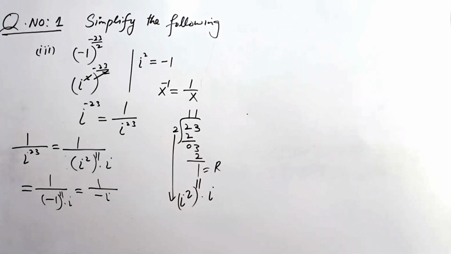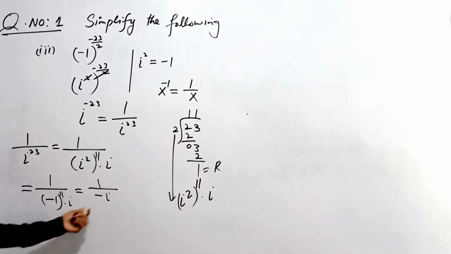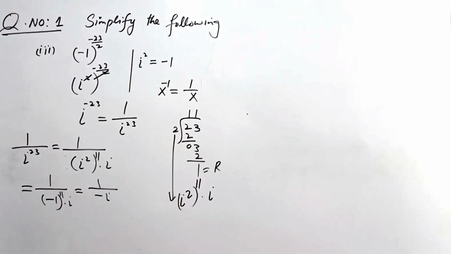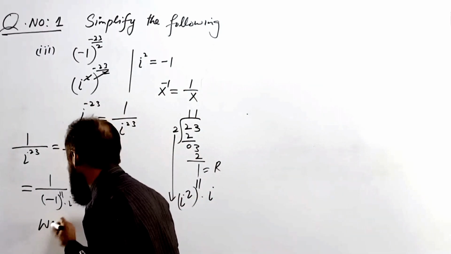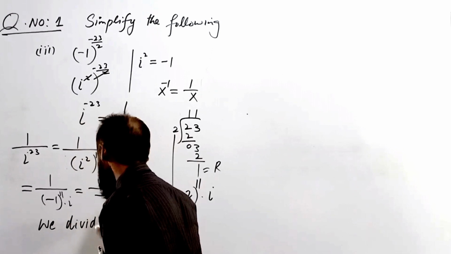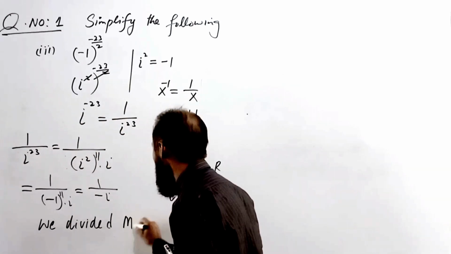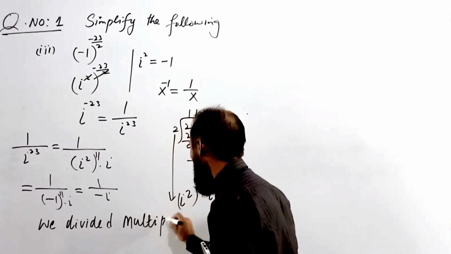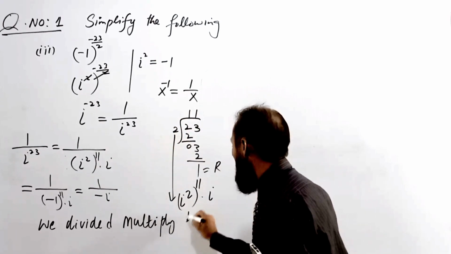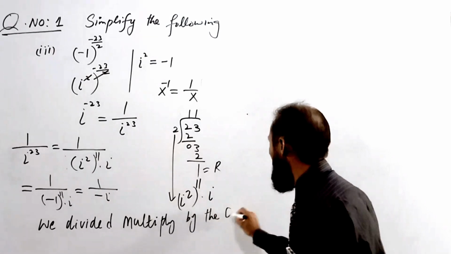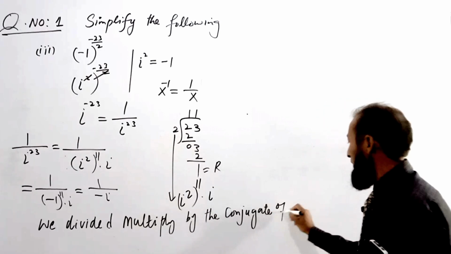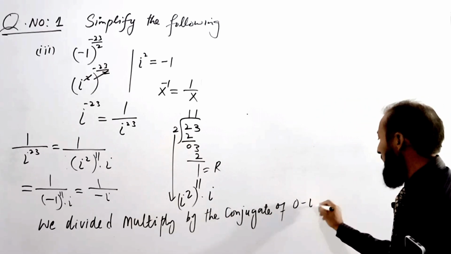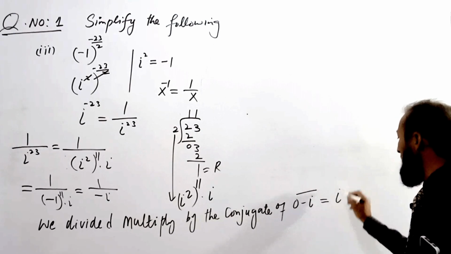Now we can also take the conjugate, because in the denominator this complex number is coming. So we divide and multiply by the conjugate of 0 minus iota, so the result will be plus iota.